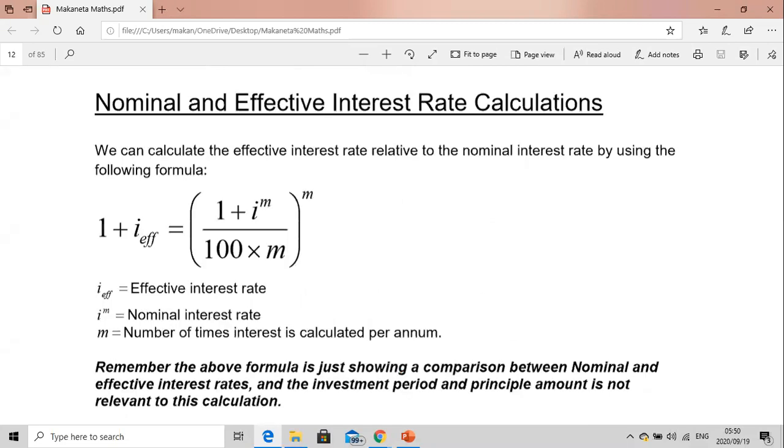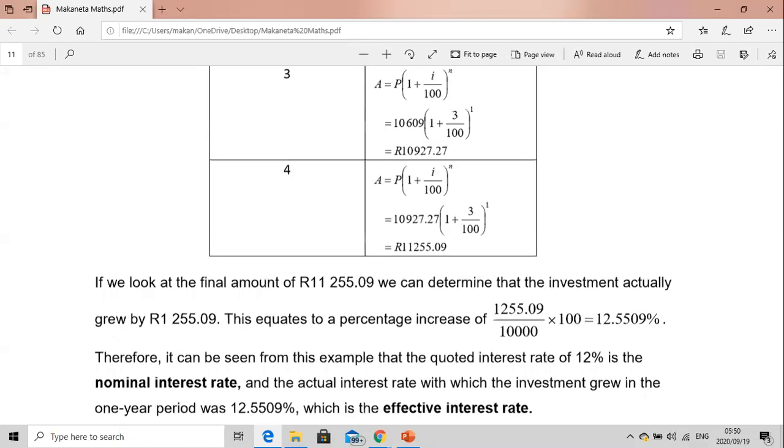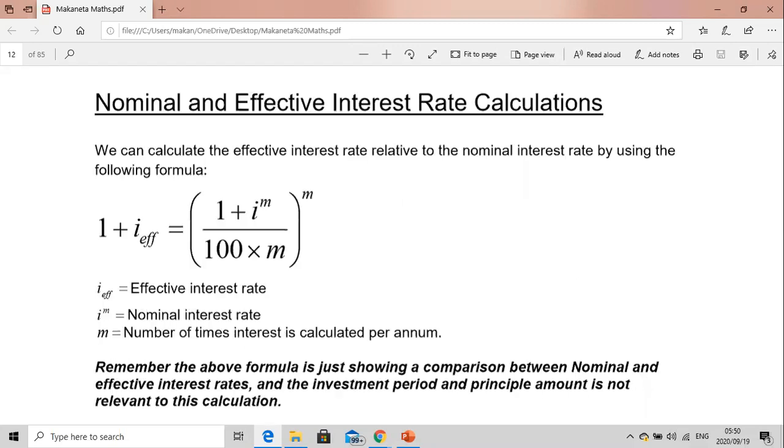So you should be able to analyze the difference between the effective interest rate and the nominal interest rate. There's quite a difference between the two, as we have just shown you. The nominal one is the one you had in the beginning, whereas the effective one was just calculated now.